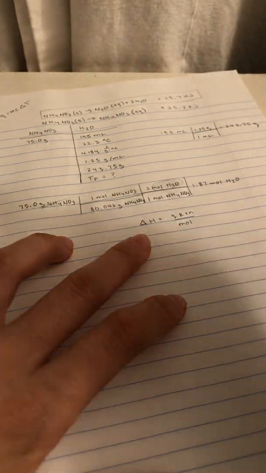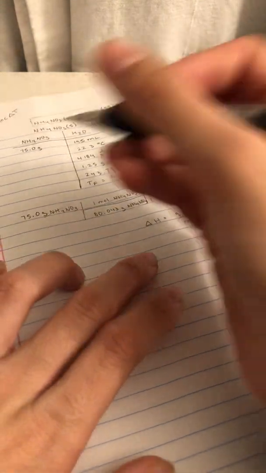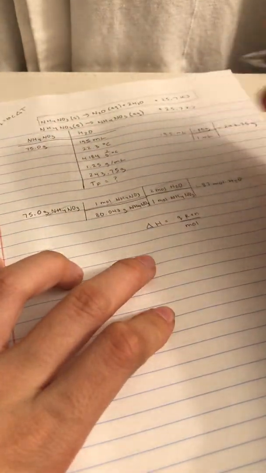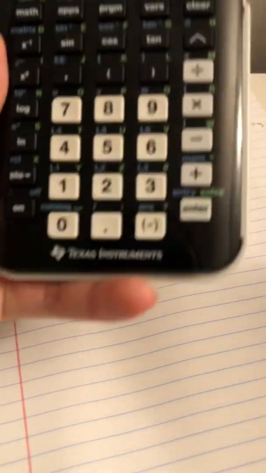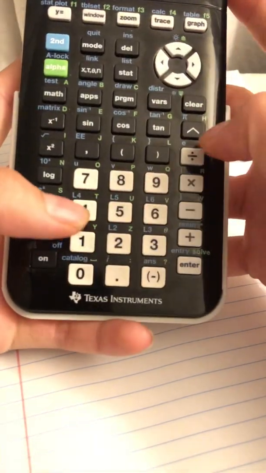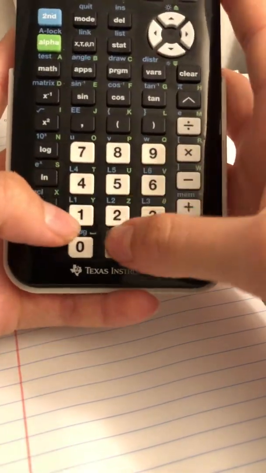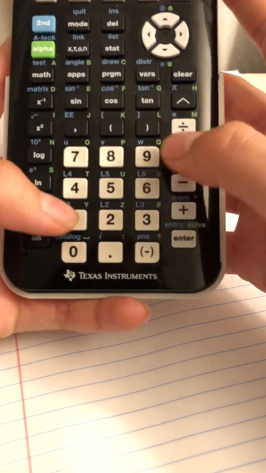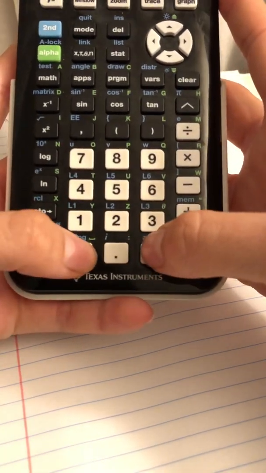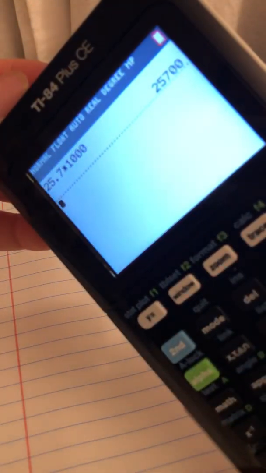But I want to turn that into joules first. So 25.7 times 1,000 to make it into joules. So 25.7 times 1,000 is equal to 25,700.